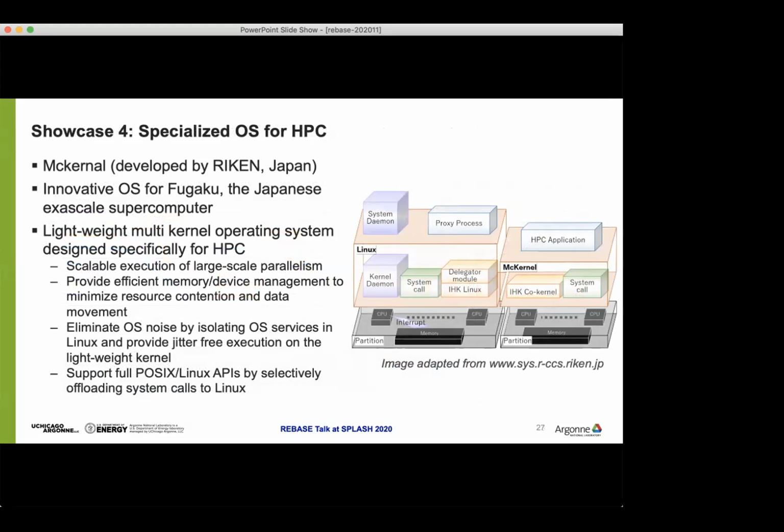All right. So my last showcase is not from our team, but from the collaborators at RIKEN in Japan. They actually even designed a new operating system for their upcoming Fugaku supercomputer. That will be the Japanese exascale supercomputer.